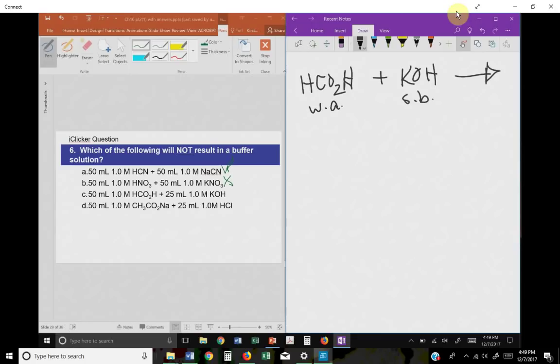Now, in solution, what do we get? Well, we get a little bit of hydrogen ion. We get a little bit of HCO2 minus. Oh, wait, I drew that wrong.